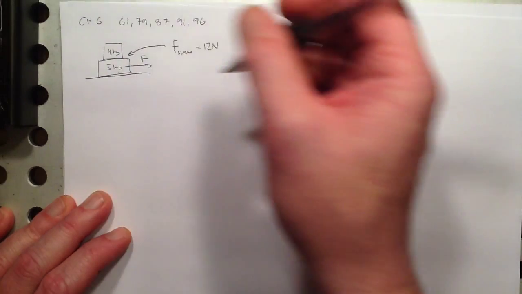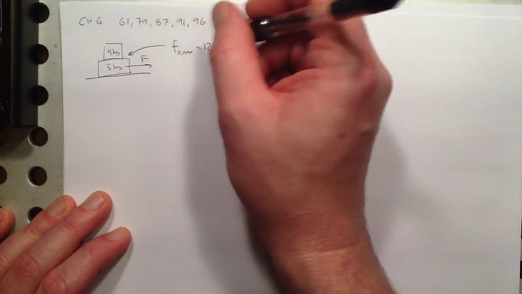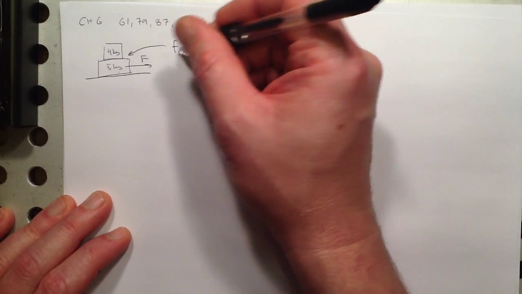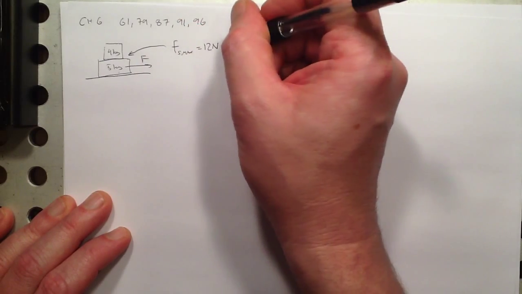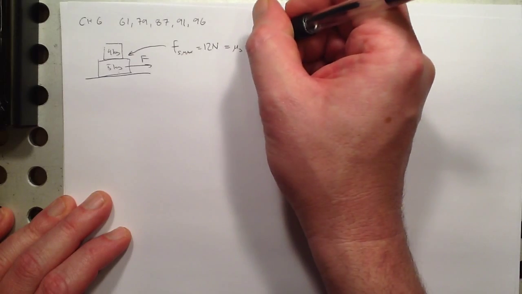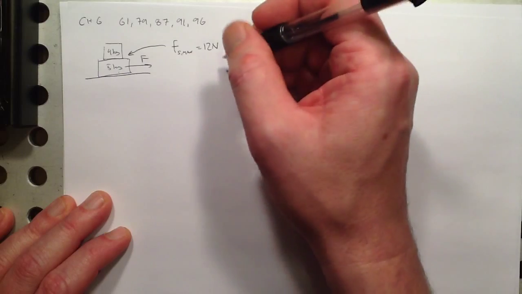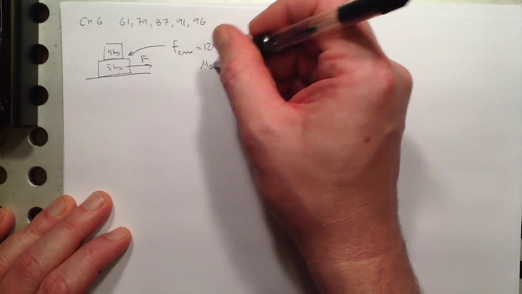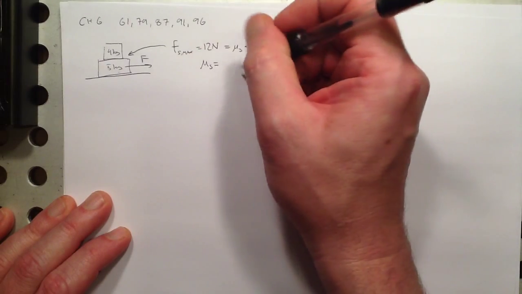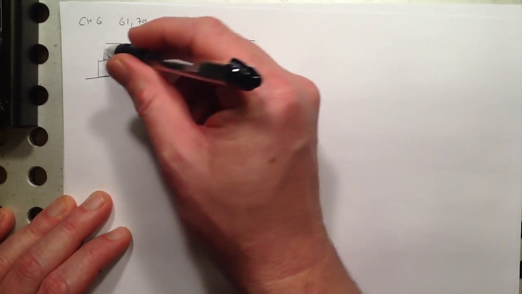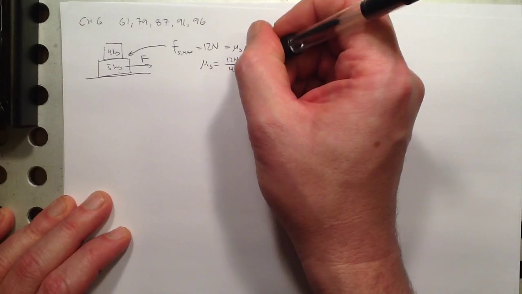And I suppose while we're at it here, we might as well just figure out what that coefficient of static friction is. So I know that that's equal to static coefficient times the normal force. That's just sitting straight on top of that, so that means the static coefficient would be equal to 12 newtons divided by the normal force, which would just be 4g.